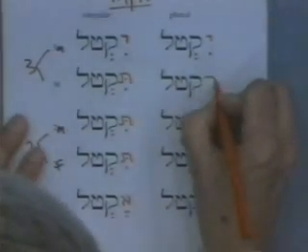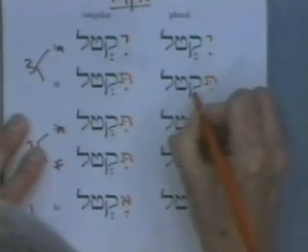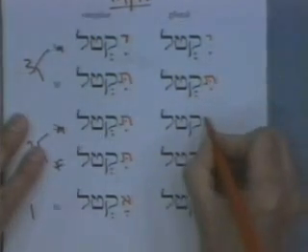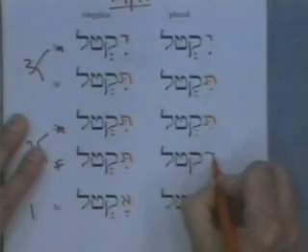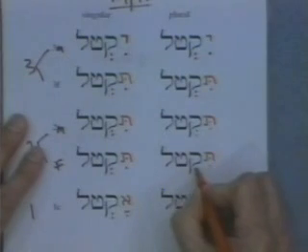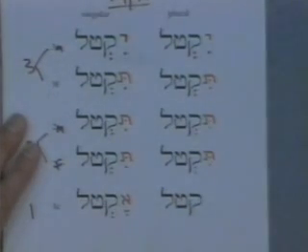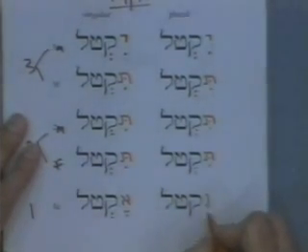The feminine, like the singular, is tik. The second persons, like the singular, are tik. The first person plural is nik.